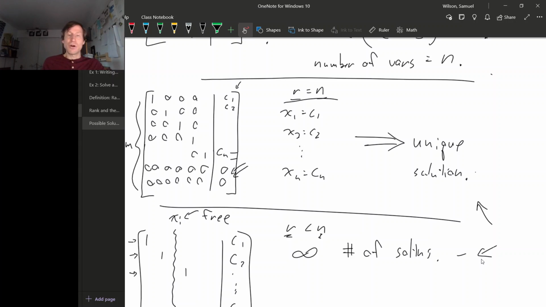Remember that here we're talking about a not necessarily homogeneous system. For such a system, the rank determines whether you have a unique solution or an infinite number of solutions. If the rank is n, you have a unique solution, and if it's less than n, then you have an infinite number of solutions.